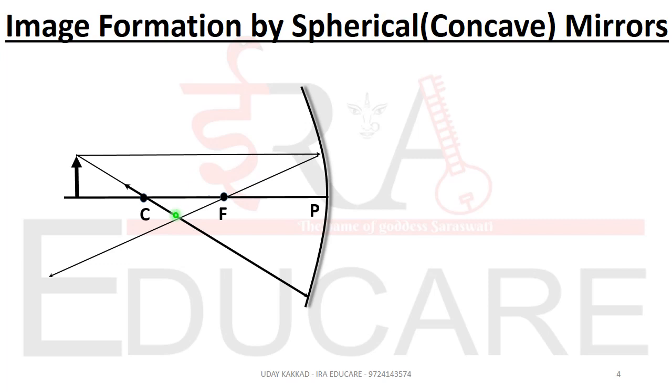So your image will be formed here. This is the point for the top of the object. What about the bottom point? Again we pass one ray parallel to the principal axis, and it meets here. Again one passes through the center and meets here. So this point is the same as this point. So this is your image, which you can see in red color.